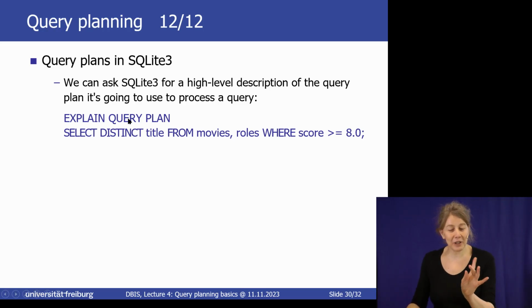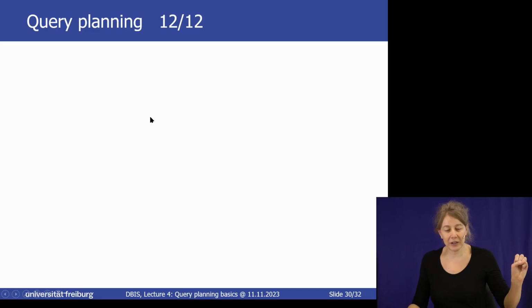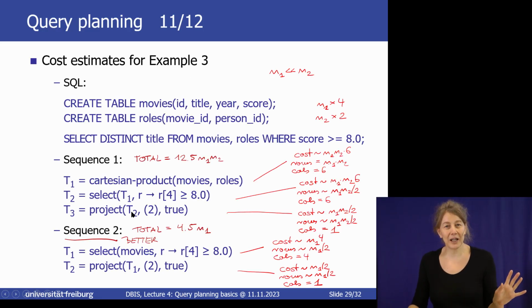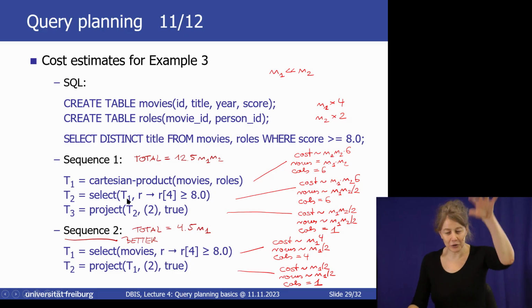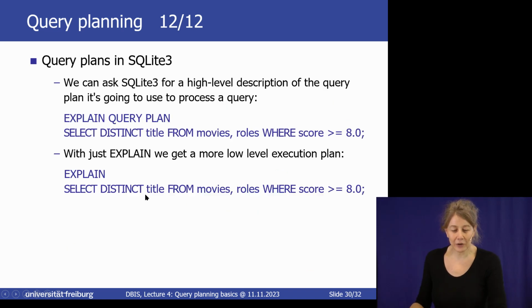Explain query plan, and actually there are two things. Query plan is what we have seen. This is a query plan, right? Which you can show either like this as one big function or as a tree. It's called a query plan. It's a plan how to execute the thing. You can also say just explain, which gives you something different, and we will see all that.